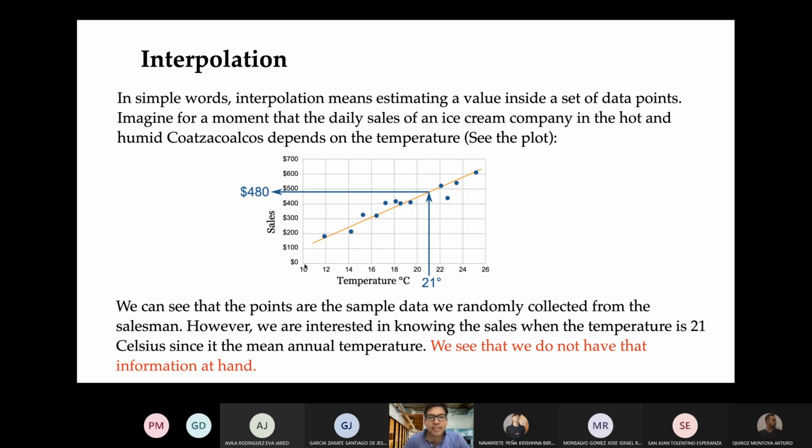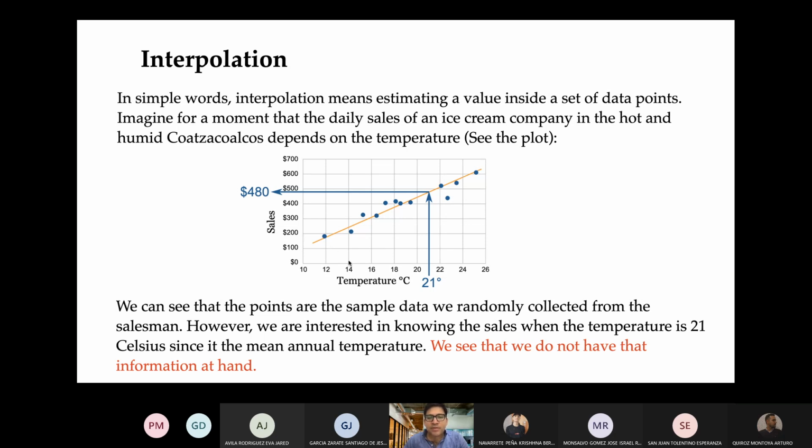He says that the sales of his company in pesos per day are going to depend on the temperature of the day. He recorded that when the daily mean temperature was equal to 12, he had only 2,200 pesos of revenue.